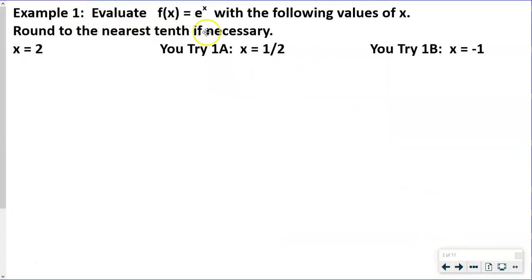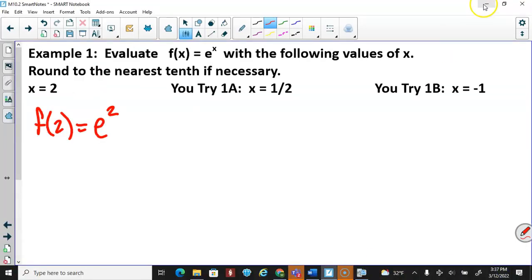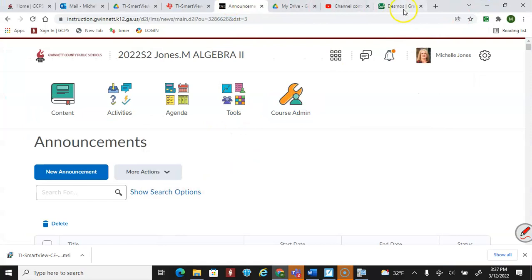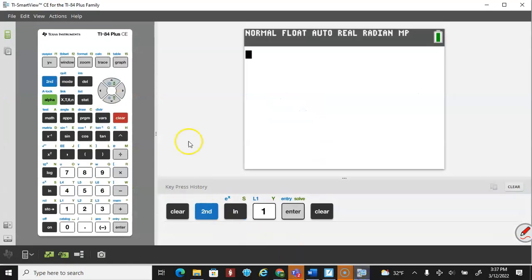So some examples here of when we evaluate f of x equals e to the x power with the following values of x. We're going to do f of 2, which means we're going to take e to the second power. Go ahead and get your calculator out and do that now. I'm going to take you to the TI-84 and show you this.